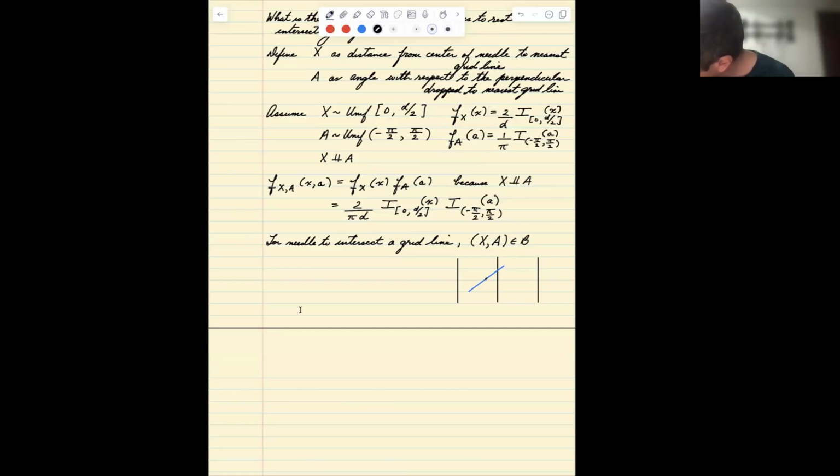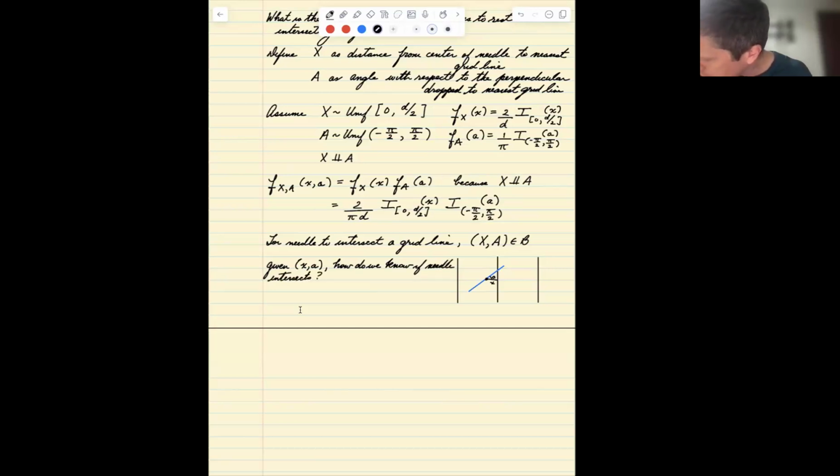Now, what we know is this here has an X. This is X, and this is A. That would have a grid line. That would intersect, right? Given X and A, how do we know if the needle intersects?